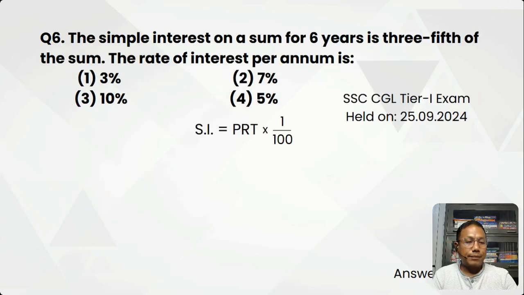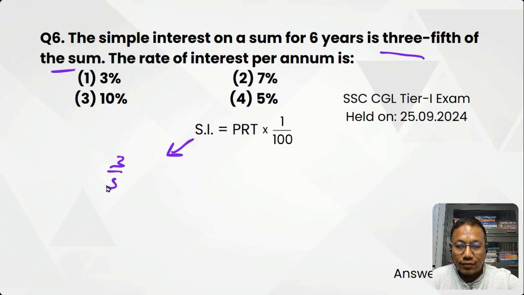Question number 6. The simple interest on a sum for 6 years is 3/5 of the sum. Sum and principal are the same, okay? 3 by 5 of principal is simple interest. We are asked to find R. What is time?